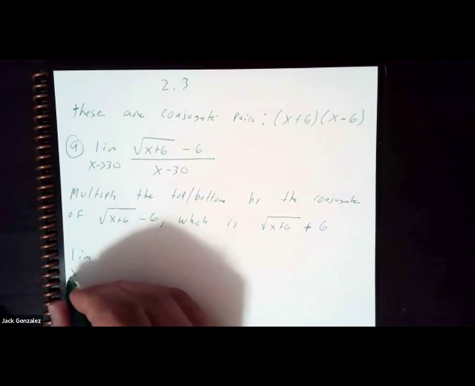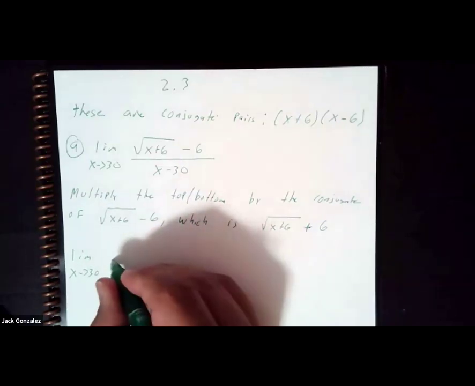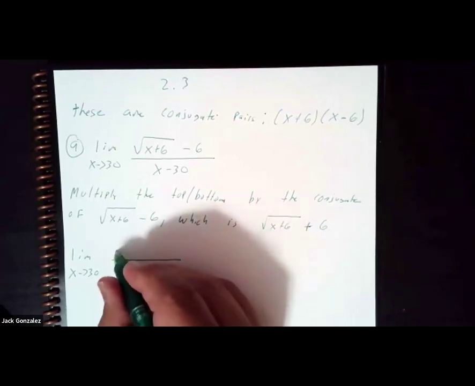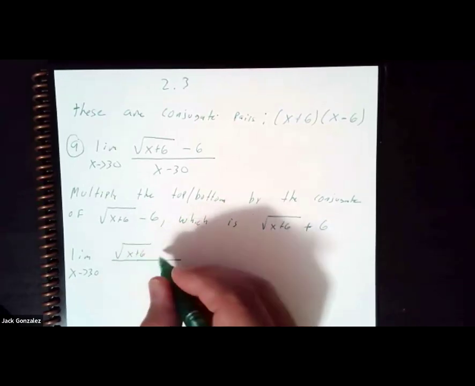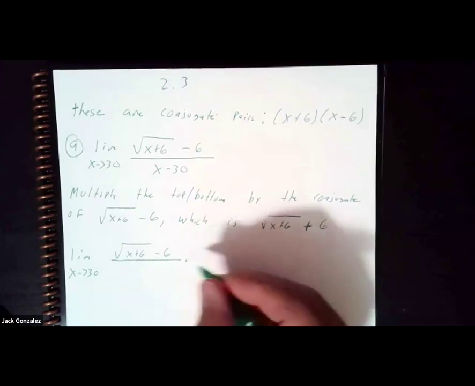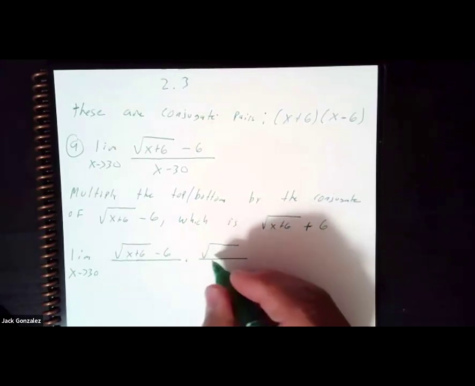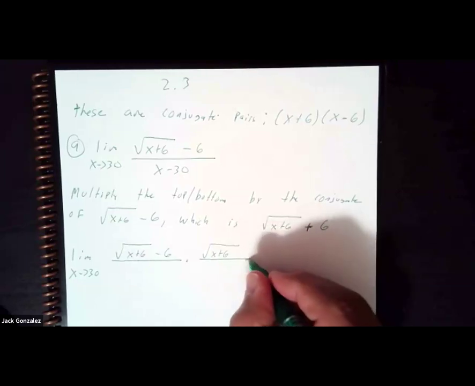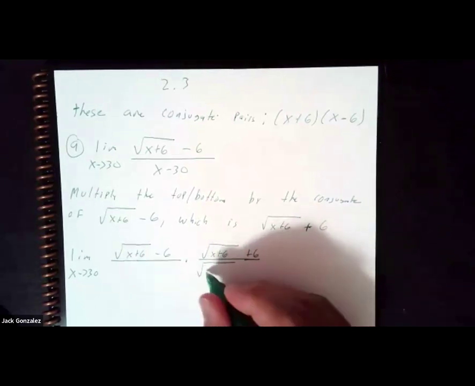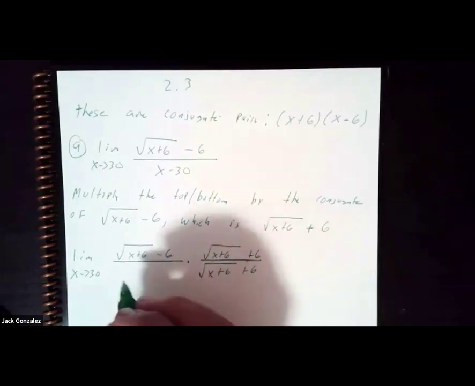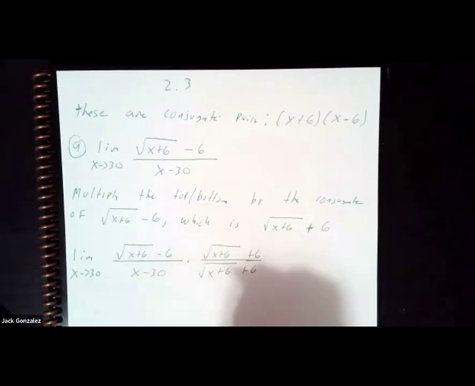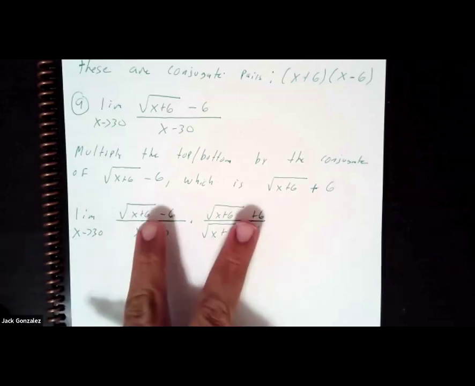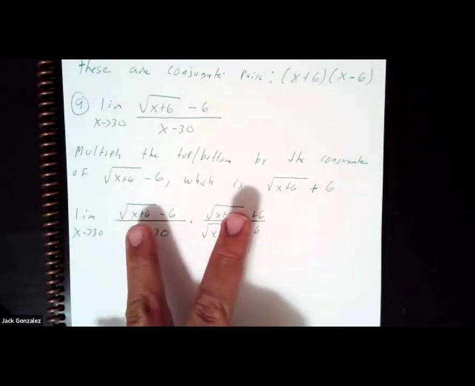So you're basically creating or forcing a difference of squares to happen. And we're keeping the balance by multiplying the top and the bottom by this conjugate. So you see how these two will become a difference of squares, the numerators?